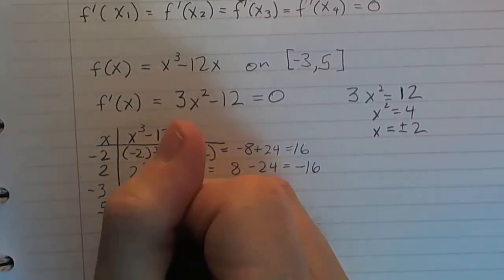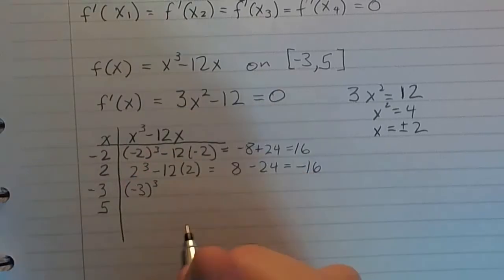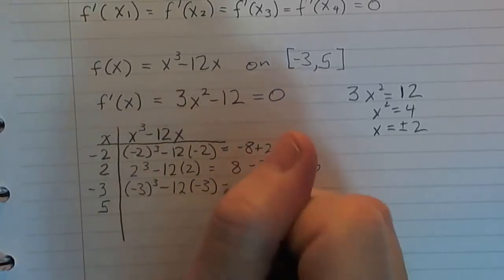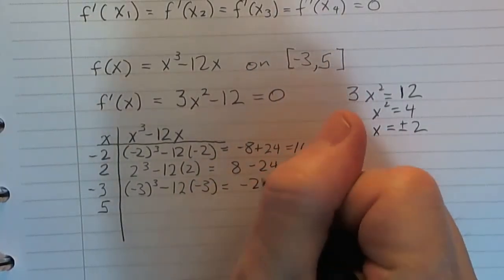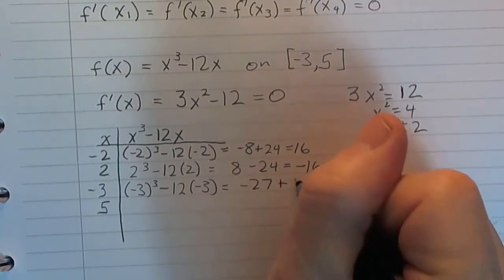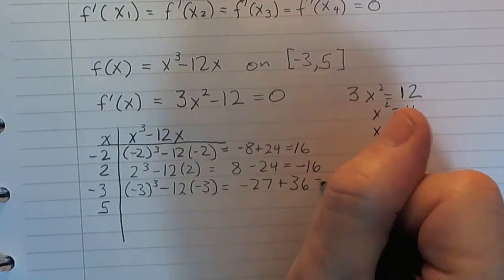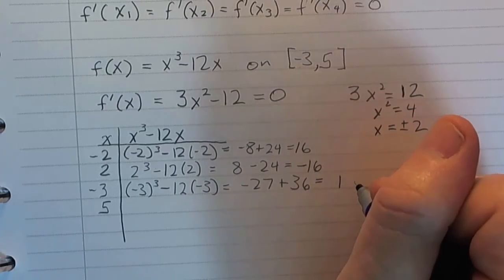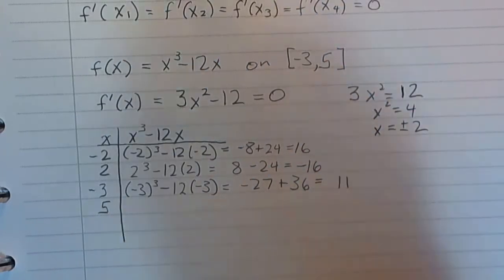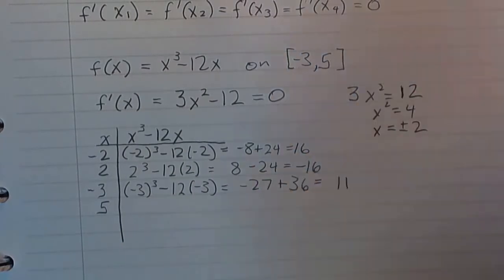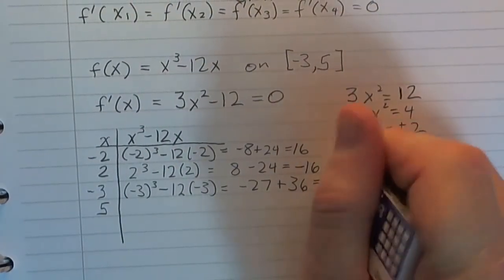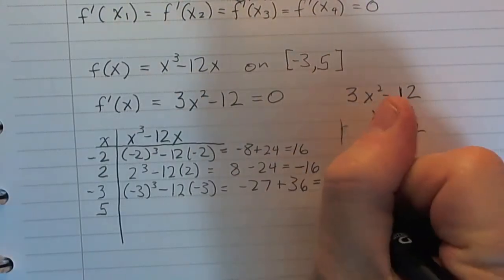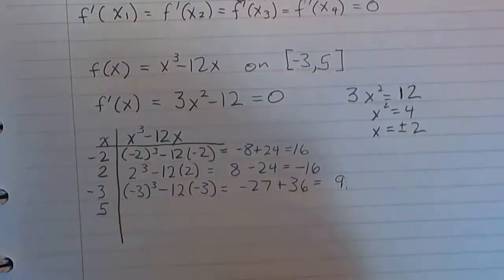Now let's put in the negative 3. I get negative 3 cubed minus 12 times negative 3. That's going to be negative 27 plus 36, and that is a positive 9, sorry about that.